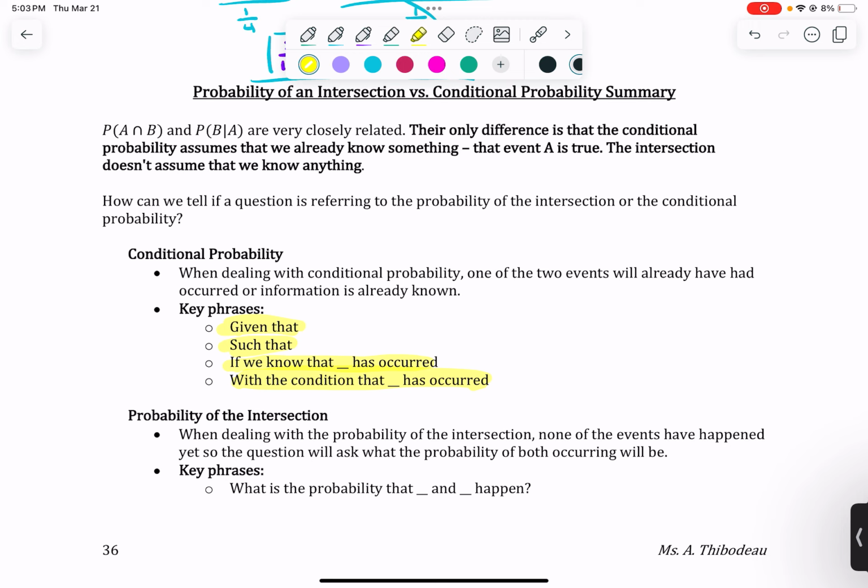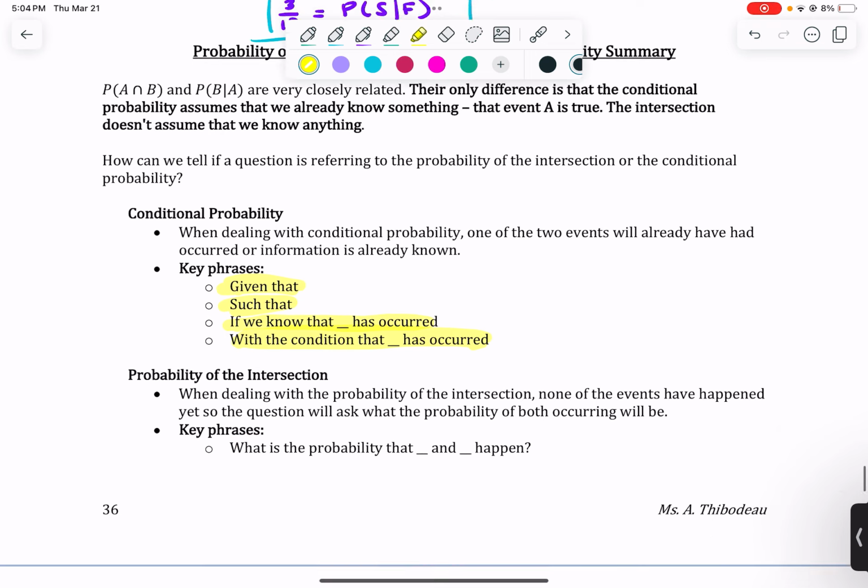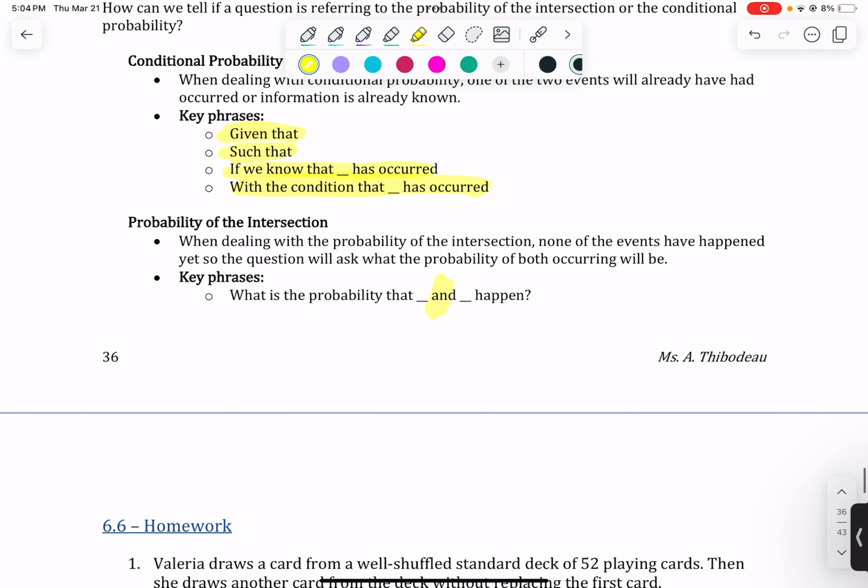Anything synonymous with that information is what you're looking for phrase-wise when we're talking about conditional. When we're talking about intersection, you're really just noticing that it's the probability of this and that happening. In that intersection, we always see that word "and."